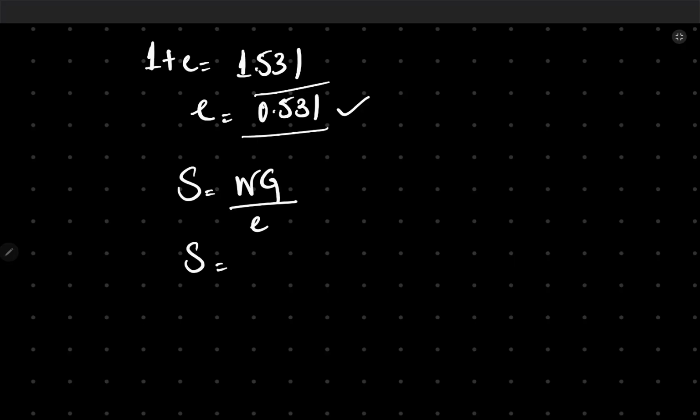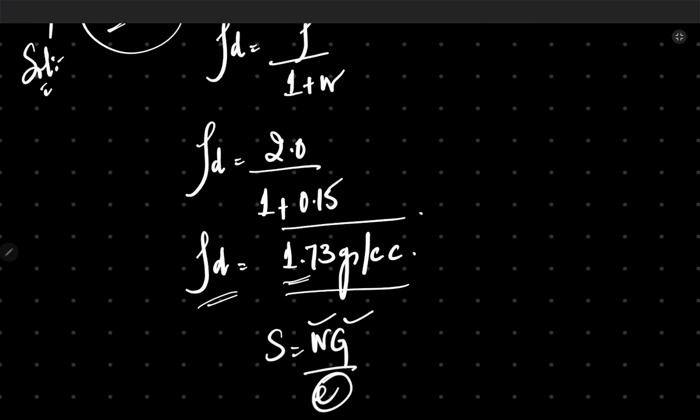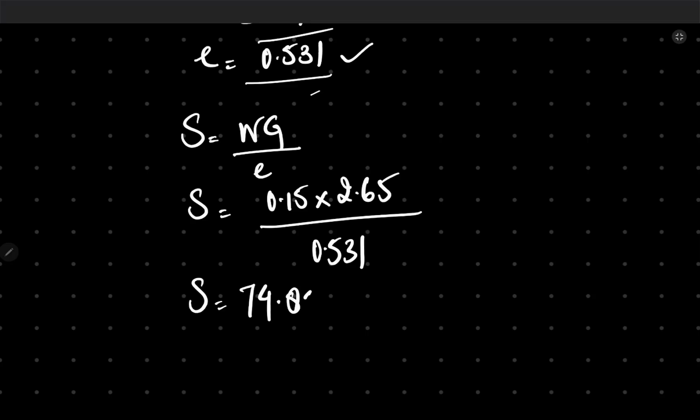That means S is equal to water content 15%, G 2.65, divided by e, which we have just calculated as 0.531. So S becomes 74.85%. 74.85% is the degree of saturation.